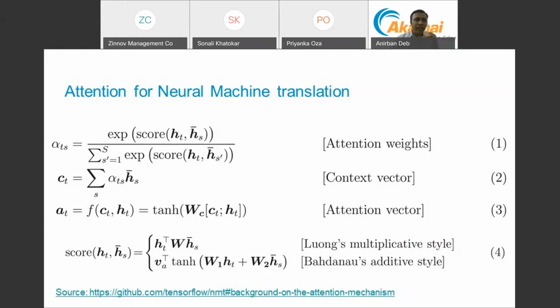Let's build some scoring for all of these states, comparing each with the decoder's current state, and then use the softmax function, which converts any kind of numbers into a probability, so they all add up to 1. So these weights, alphas, add up to 1. And the next line, the context vector in this case, is just a weighted representation of all the input states.